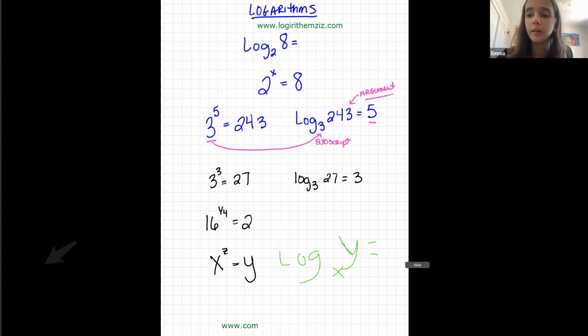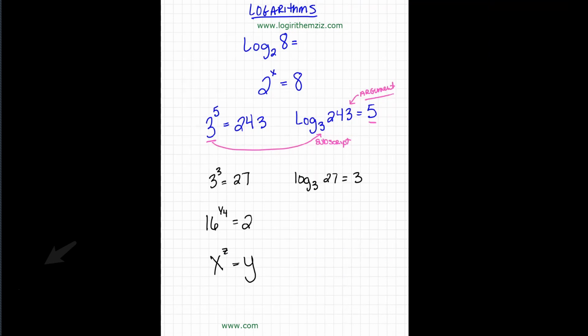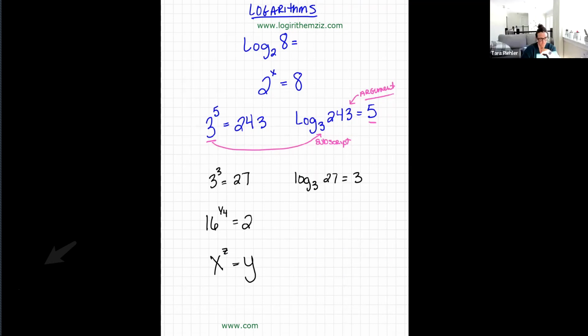Never mind. You had it, you erased it. I'll let Emma do it. Okay, go for it, Em. Let's see if I can get my pencil to work. There you go.